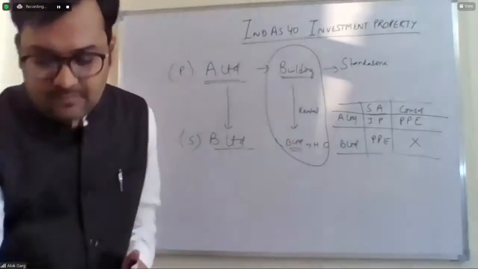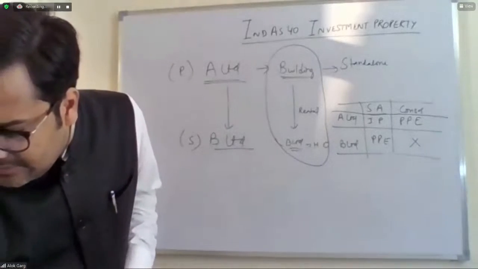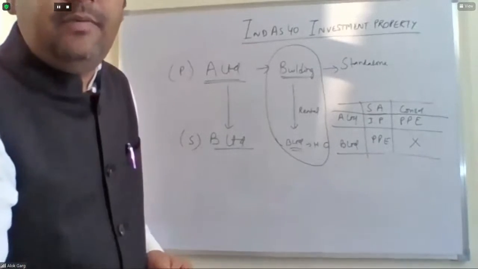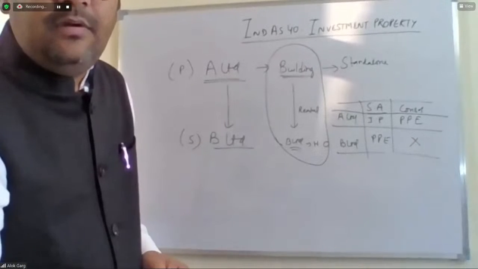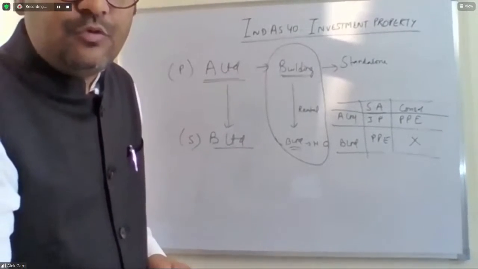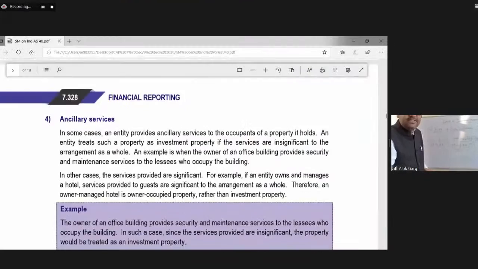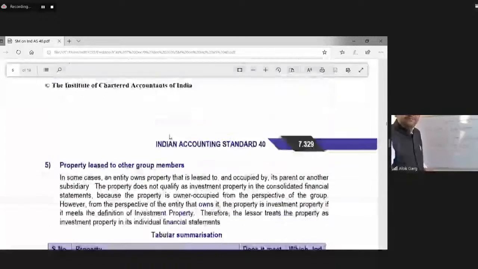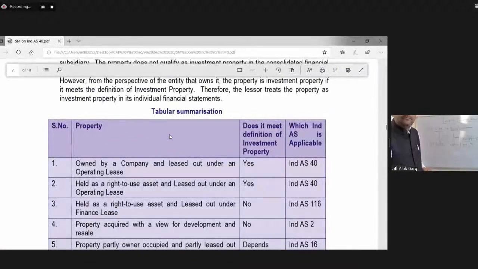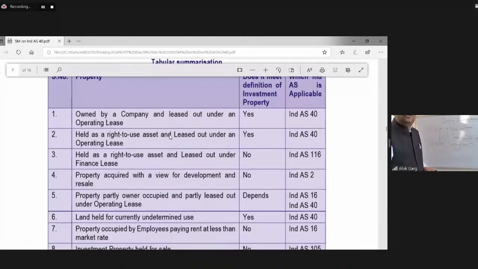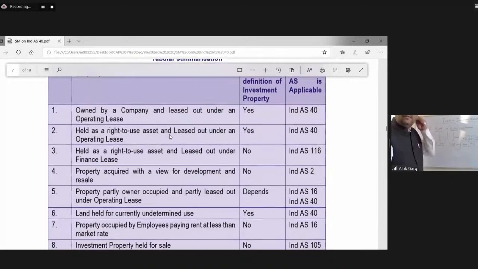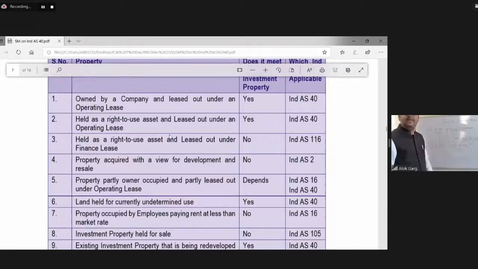So let's move on to the next concept. Before that, I want to show you some examples given in the study material. Now we will summarize this entire part.